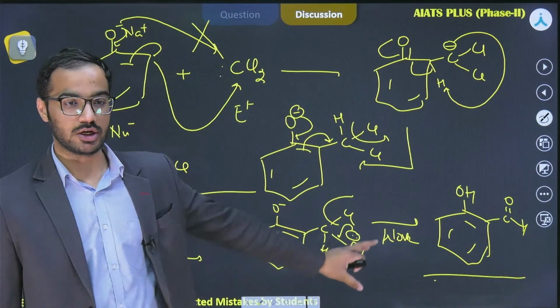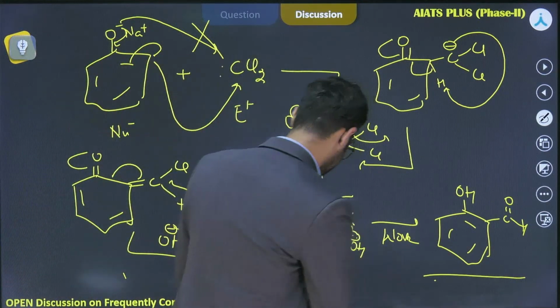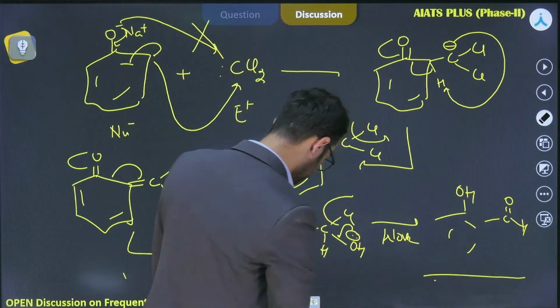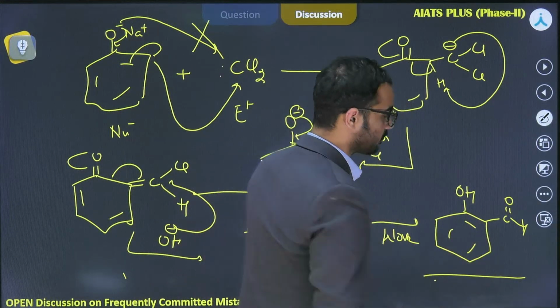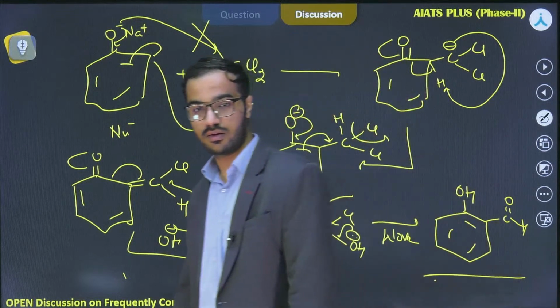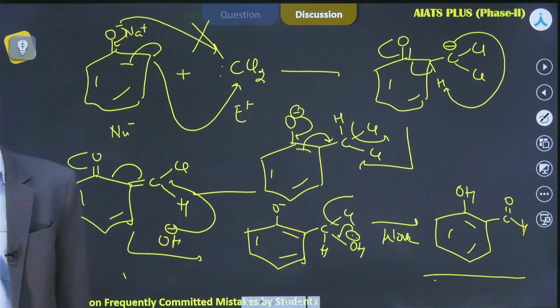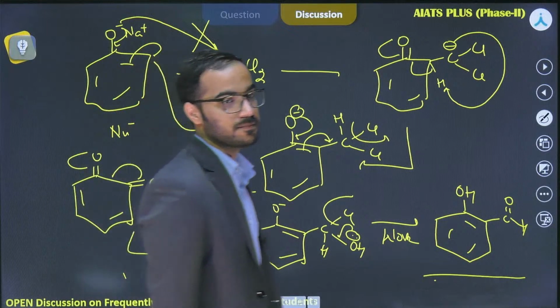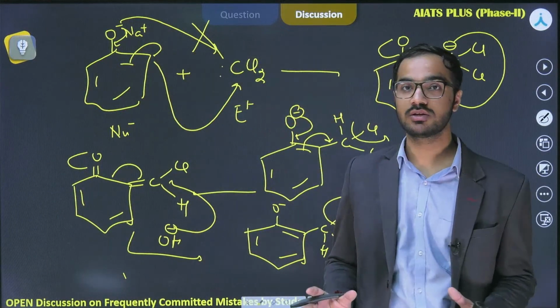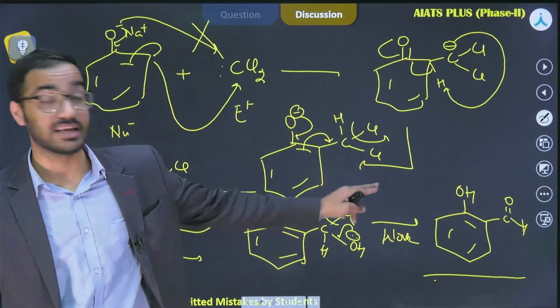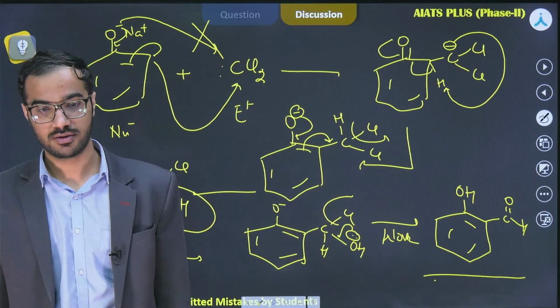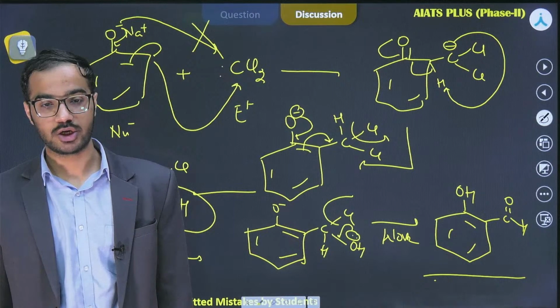I hope this is clear to you all. Is it? So in the carbylamine reaction, the isocyanide will form. In the Riemann-Tiemann reaction, salicylaldehyde will be formed. Is it clear to you, everyone?